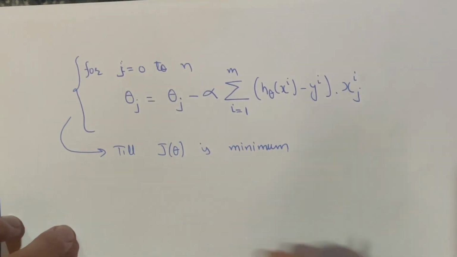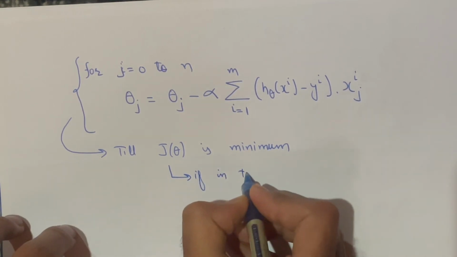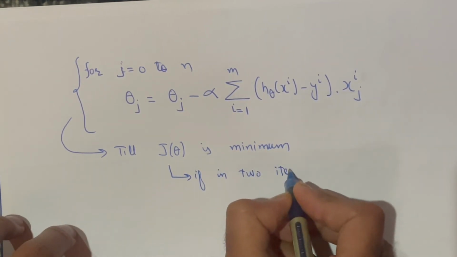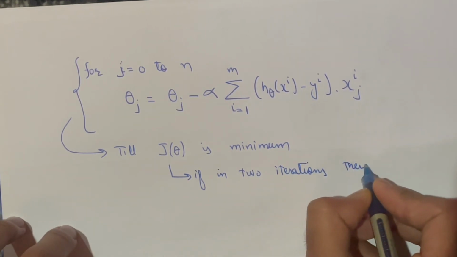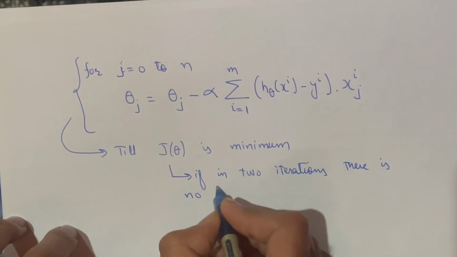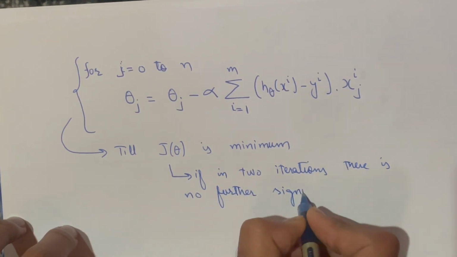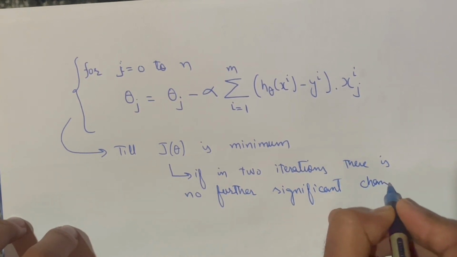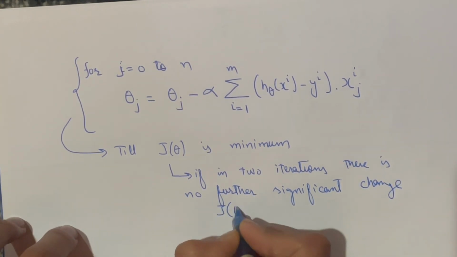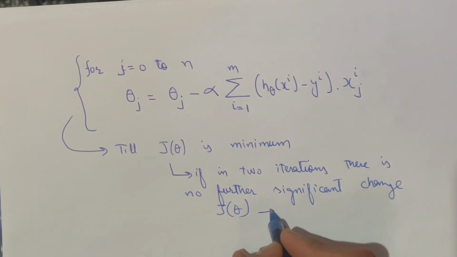The stopping criteria is that if in 2 iterations or in multiple iterations there is no further significant change in j theta. So if our j theta is not changing when we are again updating, we will stop.